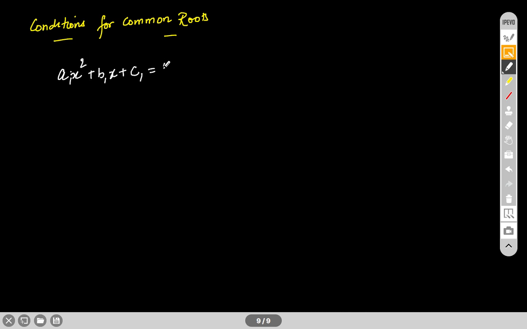Okay, let's say we have these two quadratic equations, and let's say they have one common root. Let's put a condition, no, let's say they have two common roots.